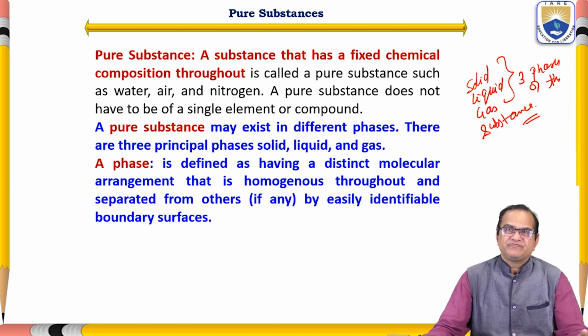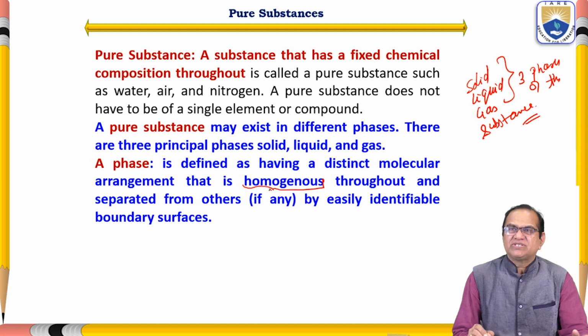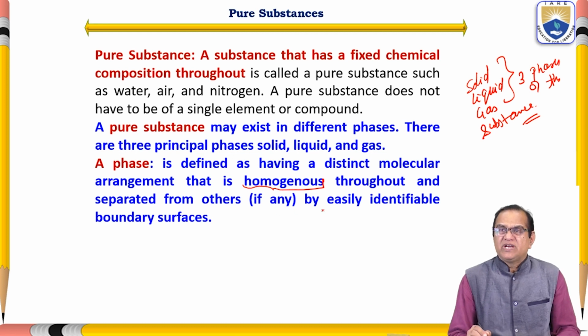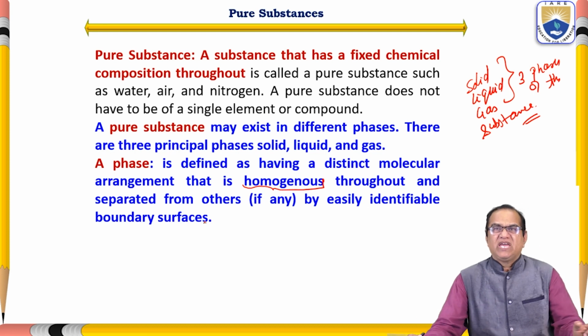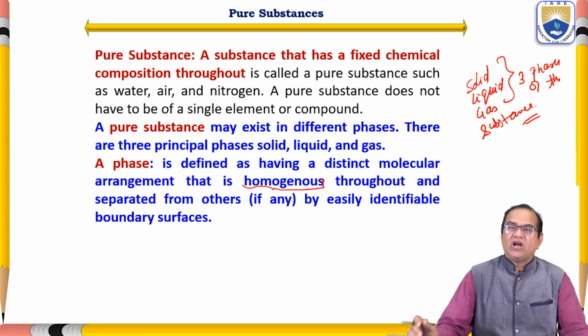So what is a phase? A phase is defined as having a distinct molecular arrangement that is homogeneous throughout and separated from others, if any, by easily identifiable boundary surfaces.